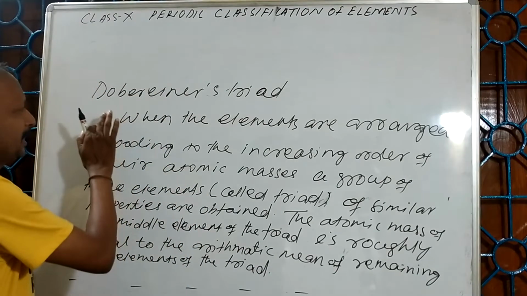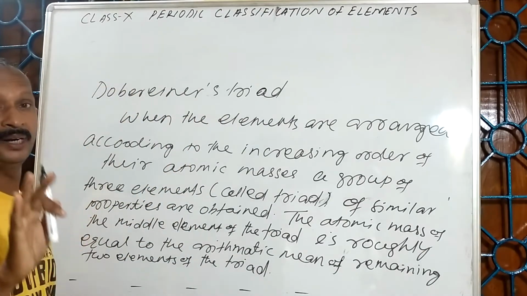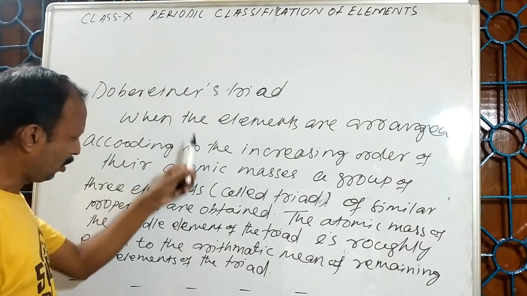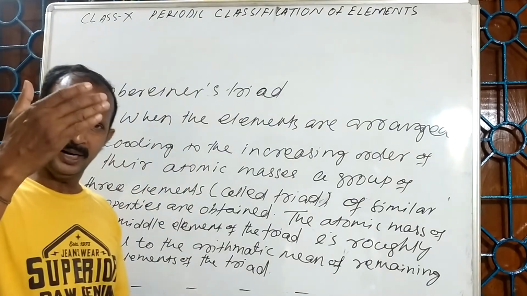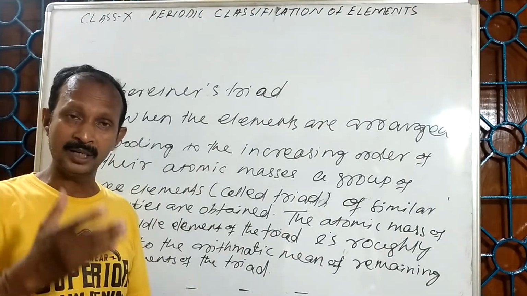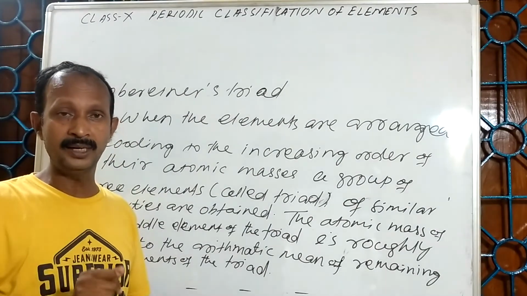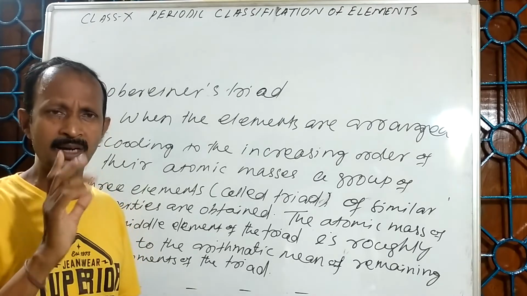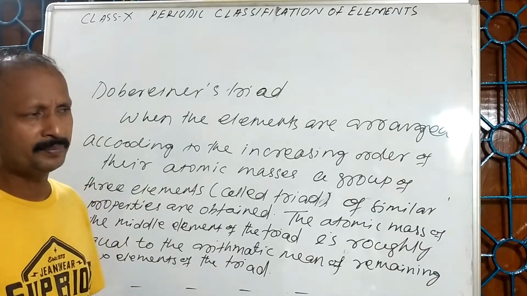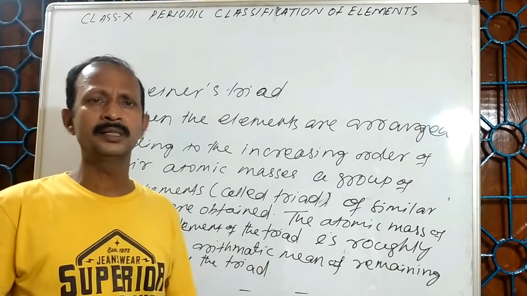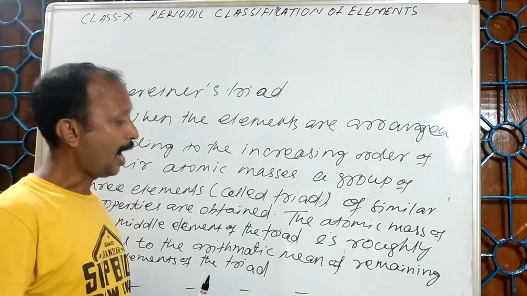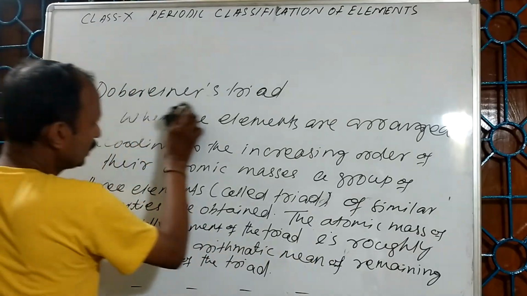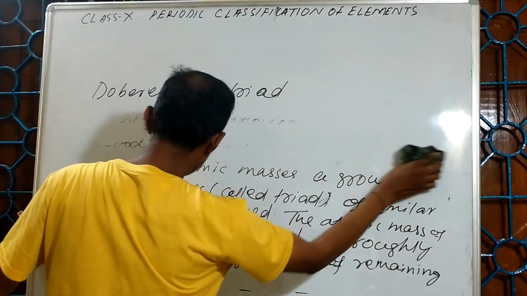But during the Dobereiner triad, 30 elements were discovered. According to Dobereiner, if the elements are arranged according to the increasing order of their atomic masses, a group of 3 elements is obtained, and in that group all elements have similar properties. At the same time, the atomic mass of the middle element is roughly equal to the arithmetic mean of the remaining 2 elements of the triad. Let us see the groups prepared by Dobereiner.